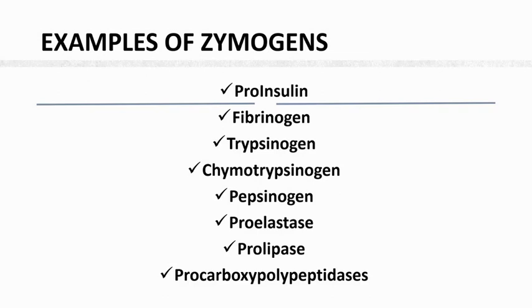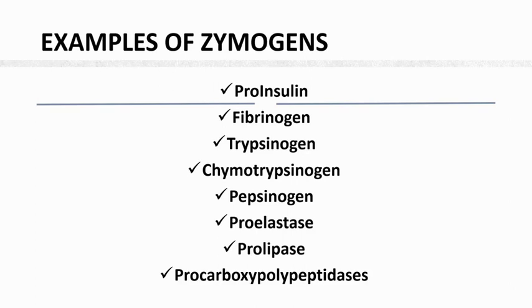When we look at examples of zymogens, you have something like insulin. Proinsulin is the inactive form of insulin. Fibrinogen is the inactive form of fibrin. Trypsinogen is the inactive form of trypsin.